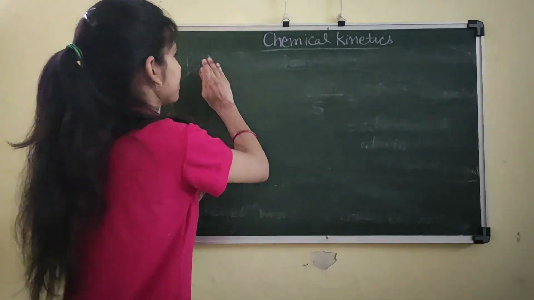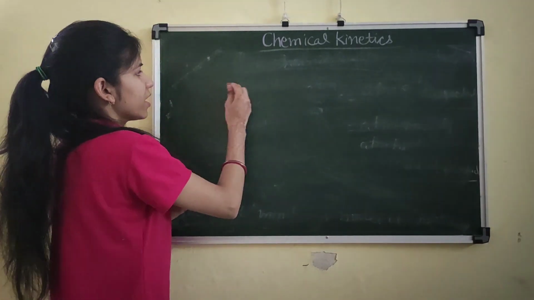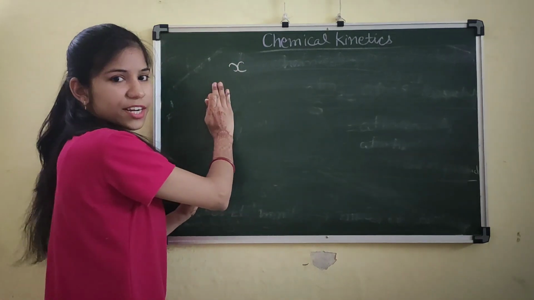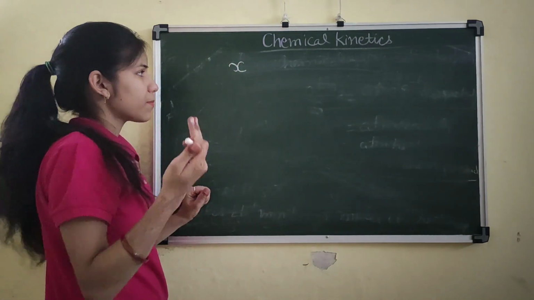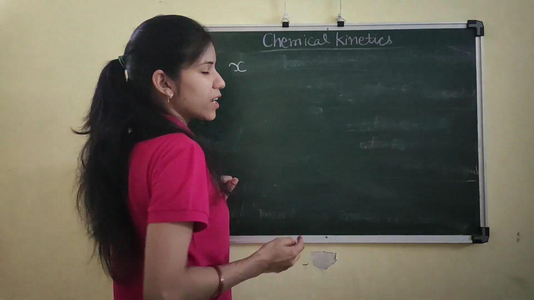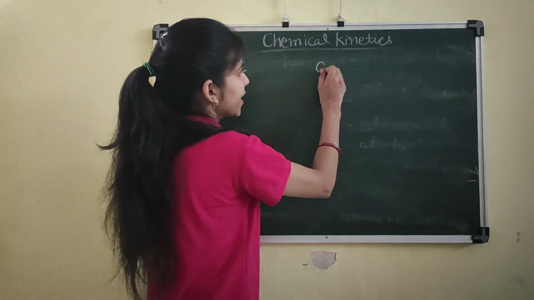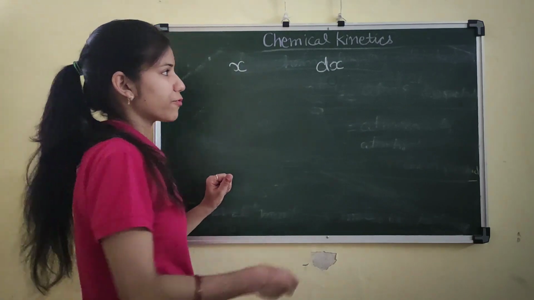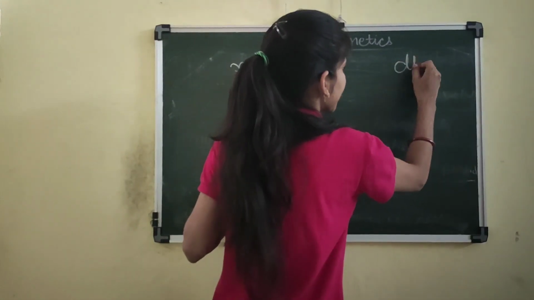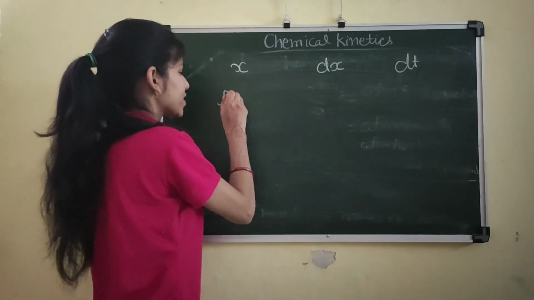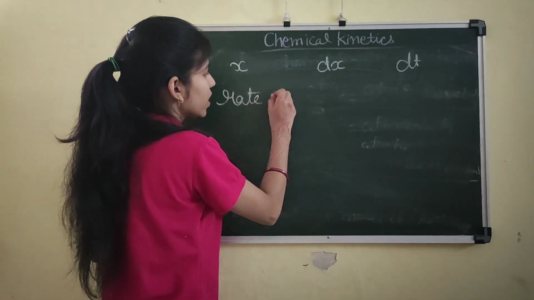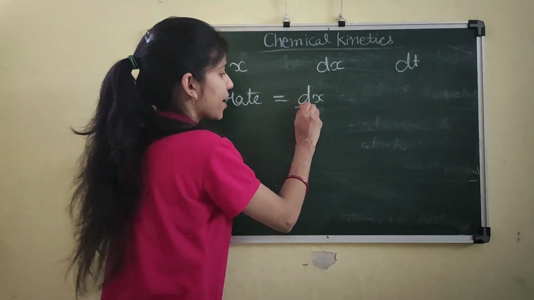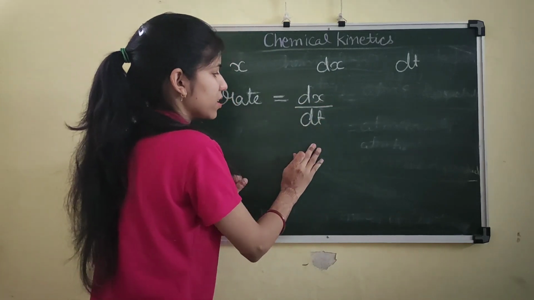Like that, if there is x concentration of any molecule, for a small interval of time it will be dx, and the small interval of time is dt. So the rate of reaction is equal to the change in concentration divided by time taken.